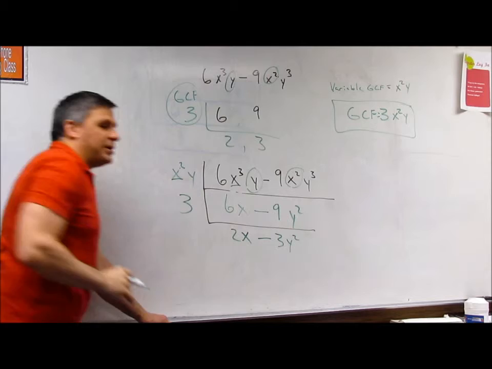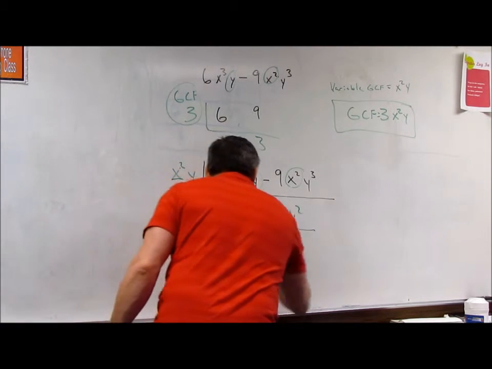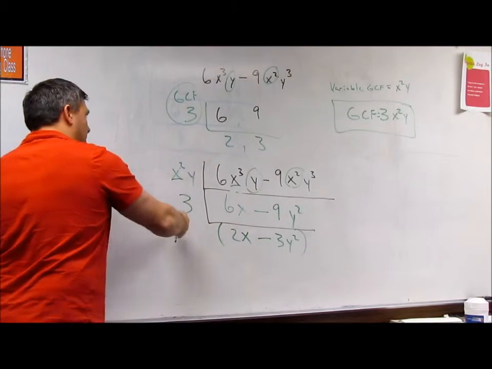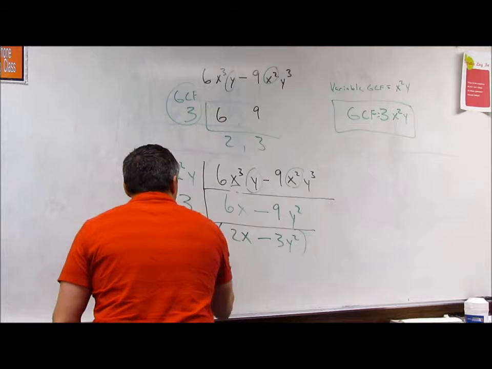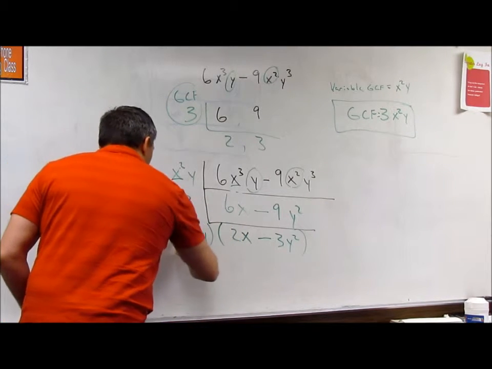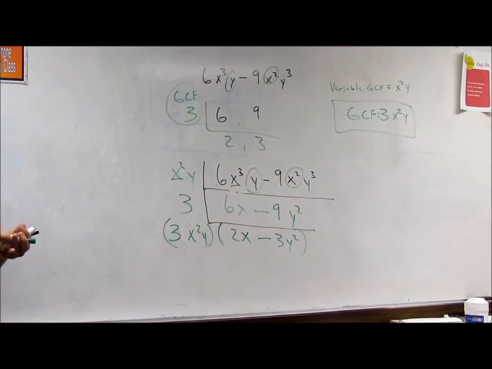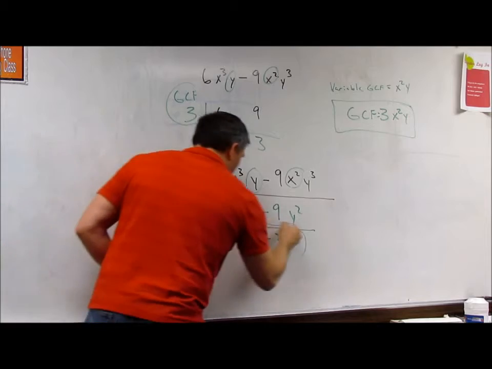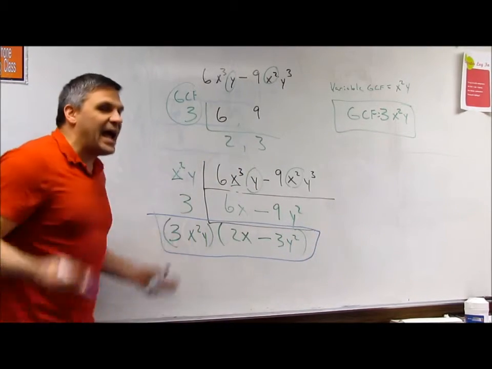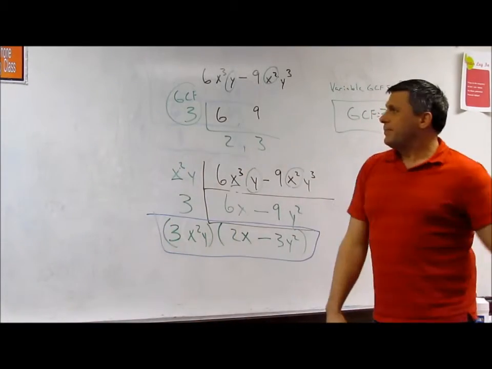Does anything else go into 2 and 3? No. So what am I left? I'm left with this. And what's here? I'm left with 3 times x squared y. So now I have my 2 factors. So if it asks for the GCF and that's all it asks for, bam, that's easy.